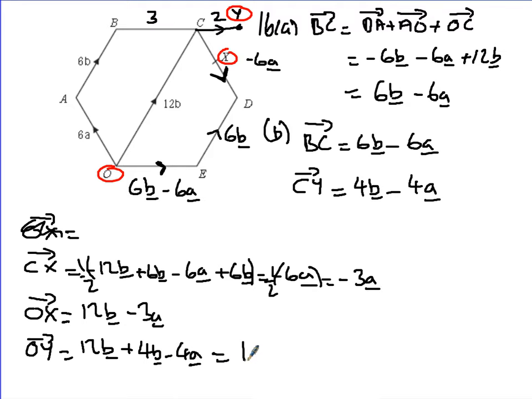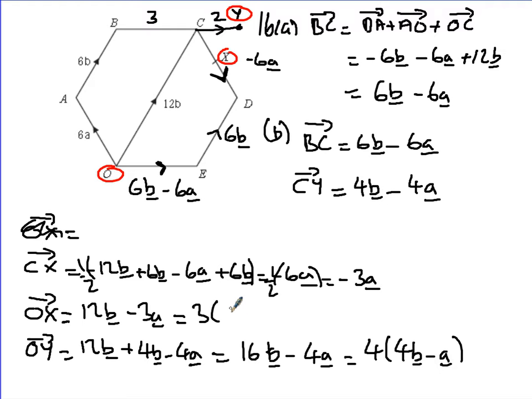And that will give you 16B minus 4A. If we take out a factor of 4 there, I get 4B minus A here. If I take out a factor of 3 here, I get 4B minus A here. Sorry, 3 times 4B minus A.